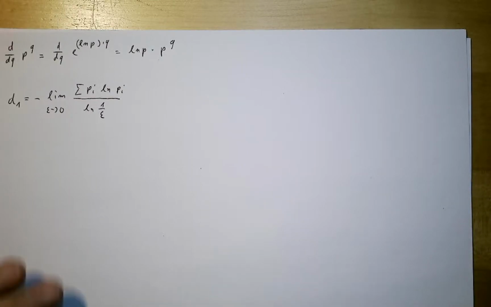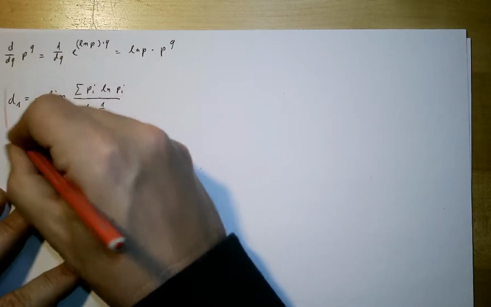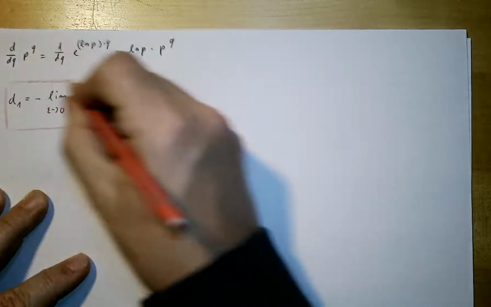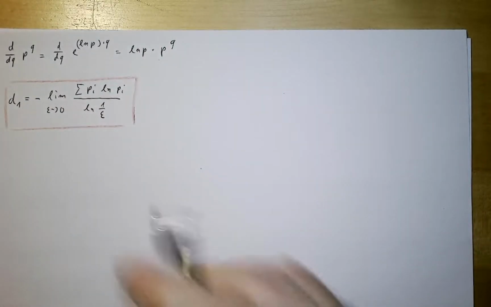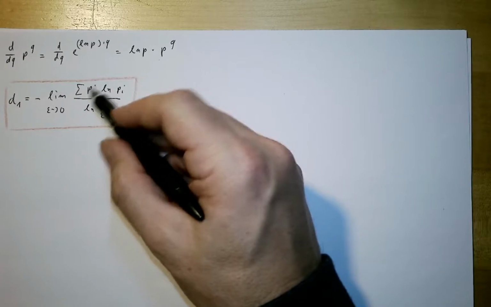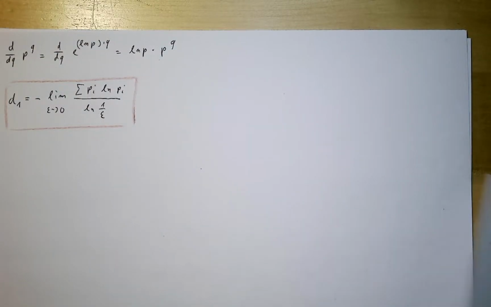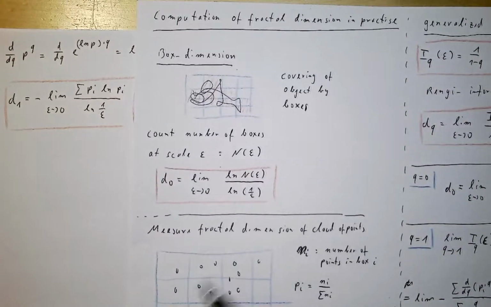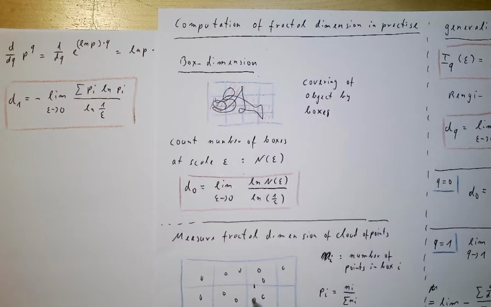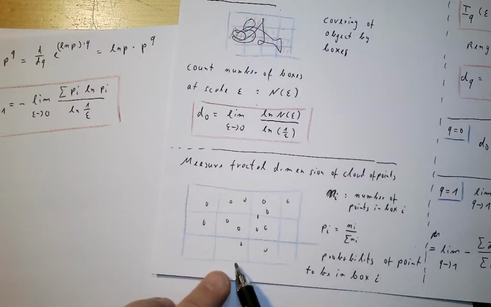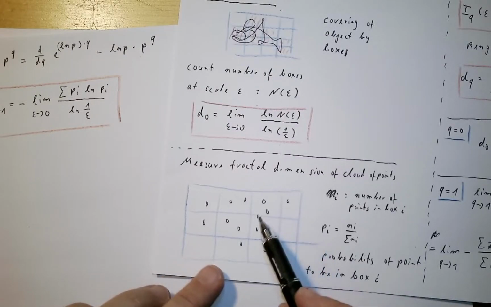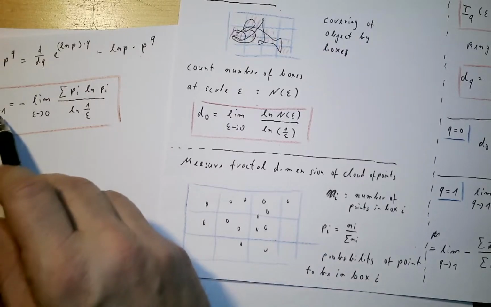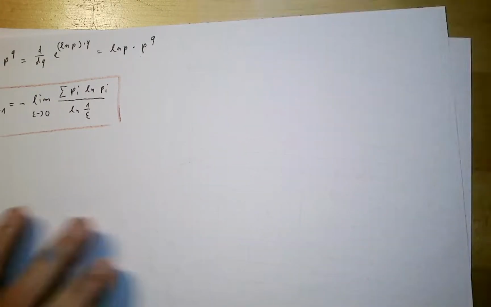And so now we have a new way to measure a fractal dimension. We get this by calculating the information content, so the entropy in the distribution of our cloud of points, and seeing how this entropy scales with the size of such boxes. The scaling of this information content with the size gives us this d1, the information dimension.